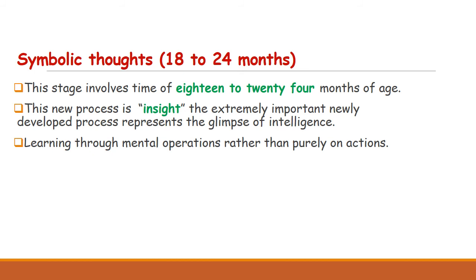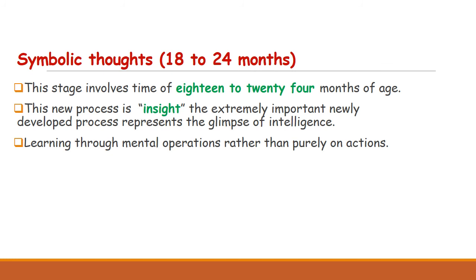For example, the child experiments with objects in order to see, understand, and pursue novelty. Now the child will manipulate the objects, will break the objects, or will do different experiments to understand what is happening with the objects. The child will learn to play with the blocks and try out different things with the blocks, and experience the novelty and the new experience that the child is having in doing so.